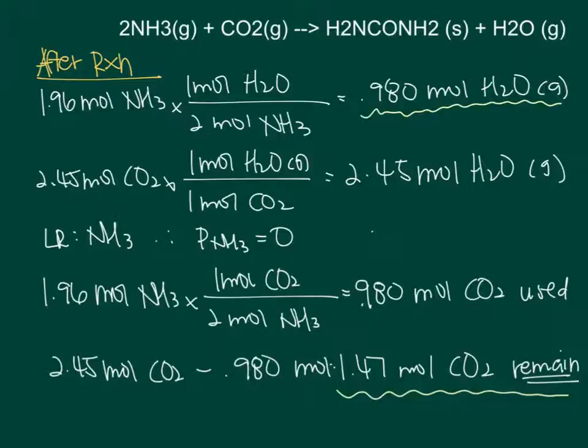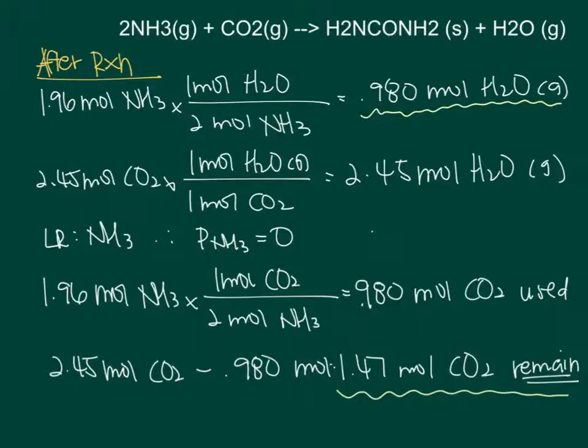After the reaction has taken place, we want to figure out which reactant is the limiting agent, meaning the maximum amount of water vapor that can be formed. To do that, we use the moles of ammonia and carbon dioxide present initially. We start with 1.96 moles of ammonia, and for every 2 moles of NH3, we form 1 mole of H2O gas, which equals 0.980 moles of water vapor gas formed.